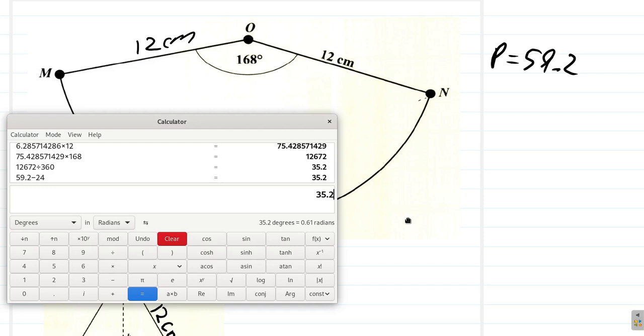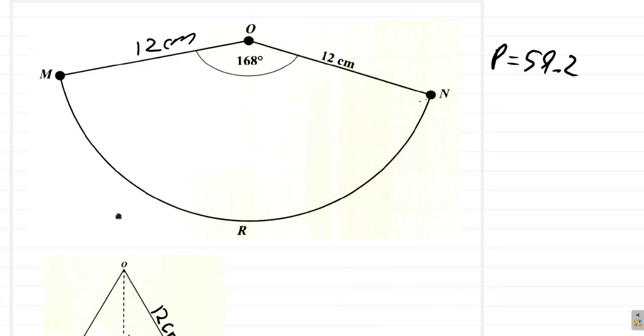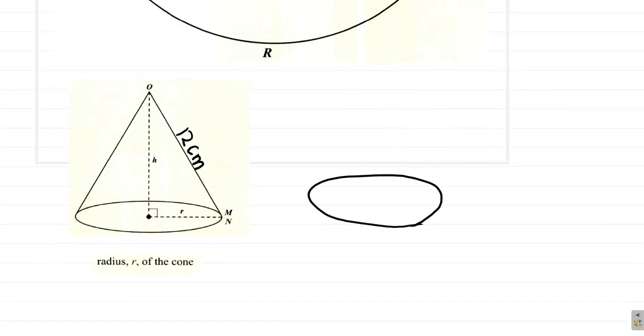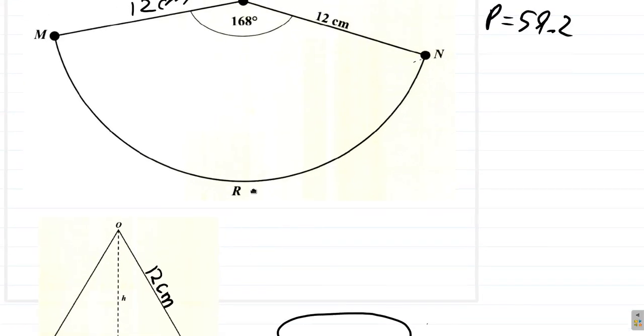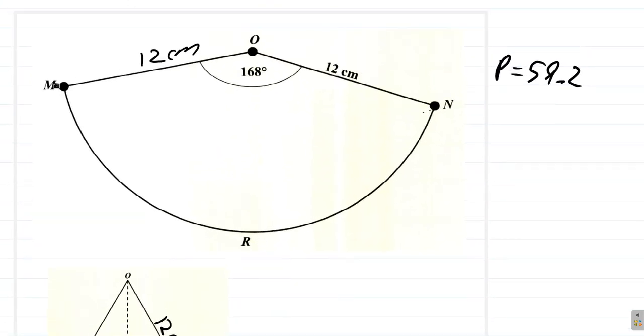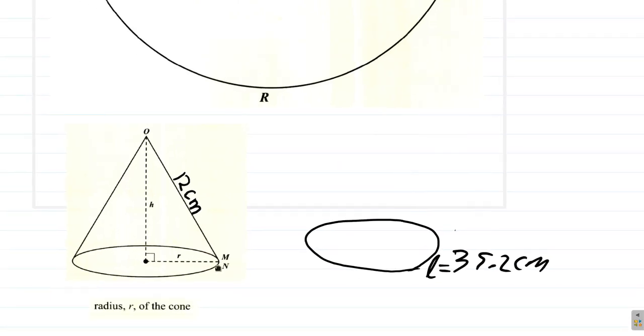So that curved section, the arc, is 35.2 centimeters. So arc length L, where you join M to N, going right around is 35.2 cm. Alright?